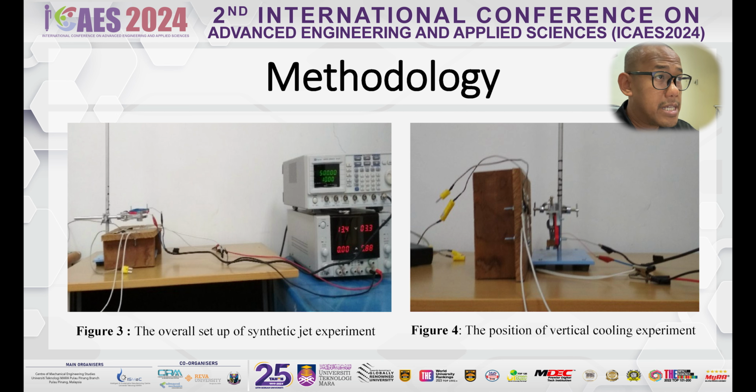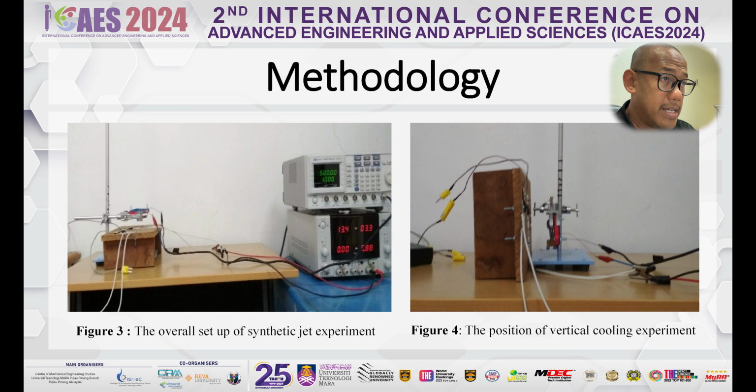To provide versatility in operation, 25 synthetic jet actuators were employed, each offering a unique combination of nozzle size and cavity volume. Various synthetic jet controllers, as shown in Figure 2, were utilized to manage these actuators.